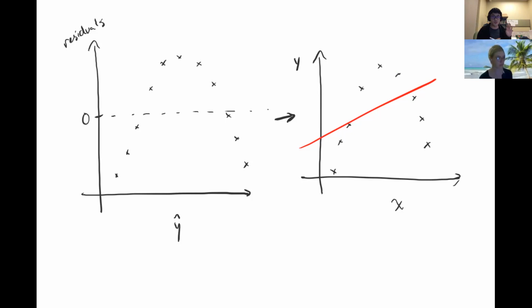And so again, it's always worth doing a check against your residuals to see whether or not you've got bias in the model.